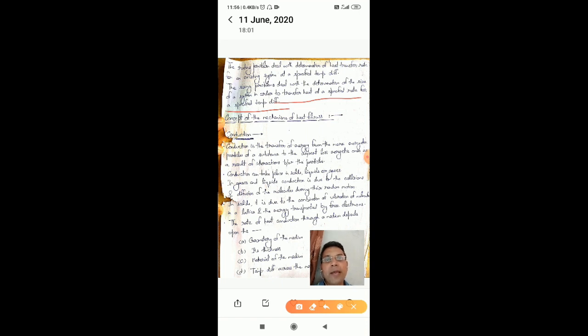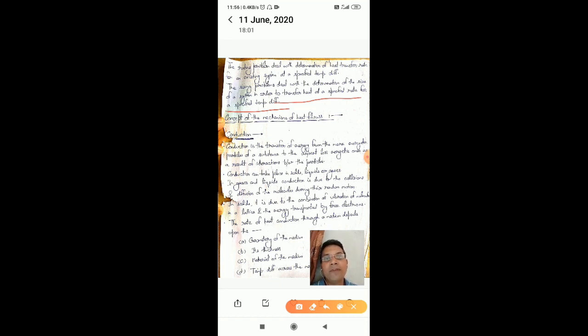That means the diameter, the area, its volume, what should be these quantities in order to achieve the specified rate of heat transfer. For example, again taking the refrigerator coil which is situated at the back of your refrigerator.